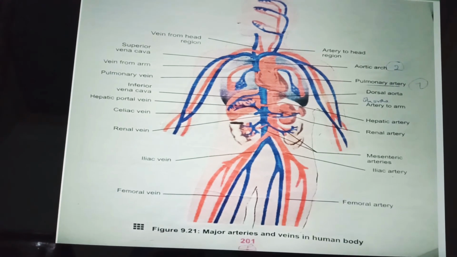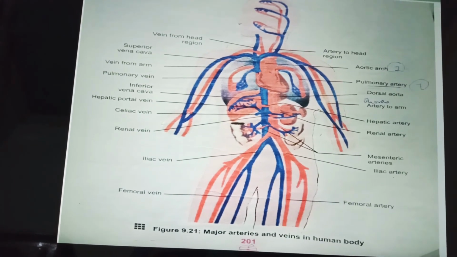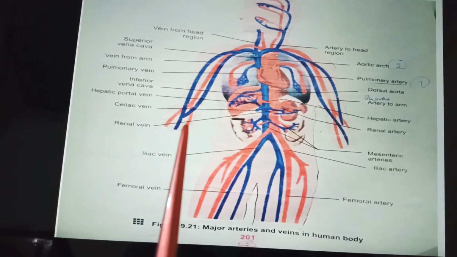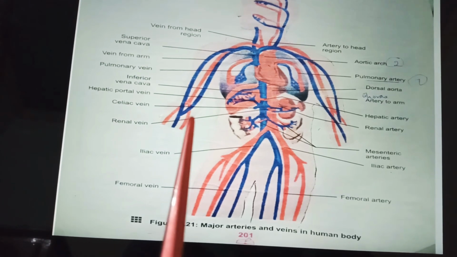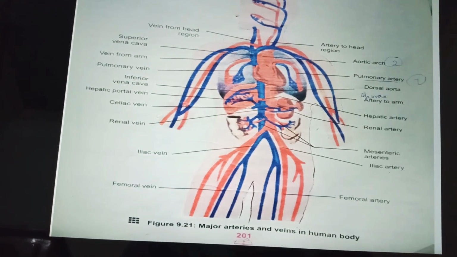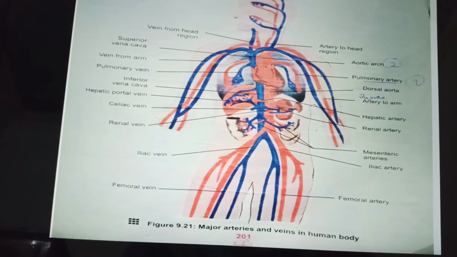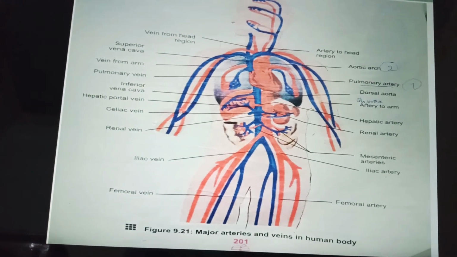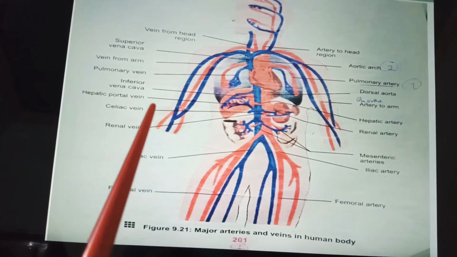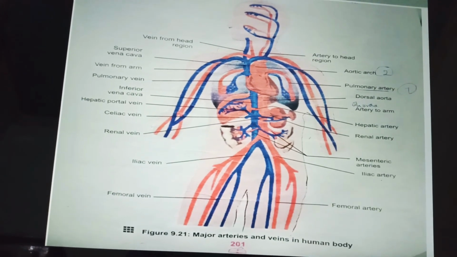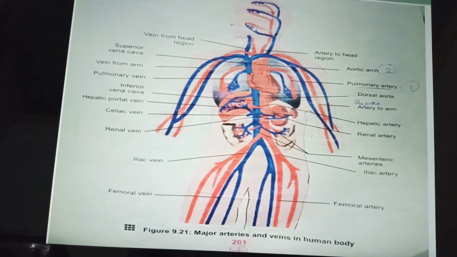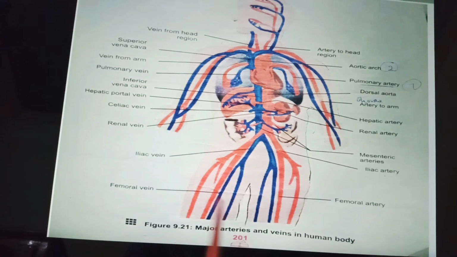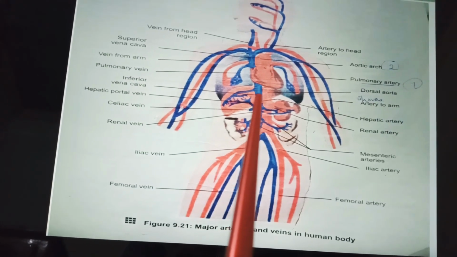Many short veins empty into the inferior vena cava. Among these are the hepatic vein, renal vein, and gonadal veins. All veins coming from the stomach, spleen, pancreas, and intestine drain into the hepatic portal vein that is located here, which carries blood to the liver, and from the liver a hepatic vein carries blood and empties into this inferior vena cava.